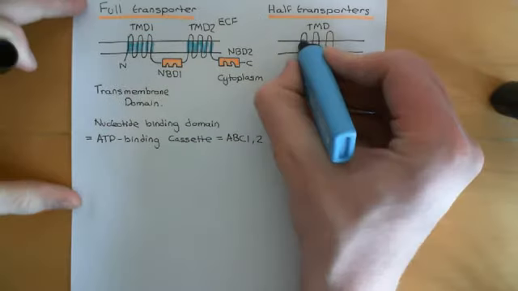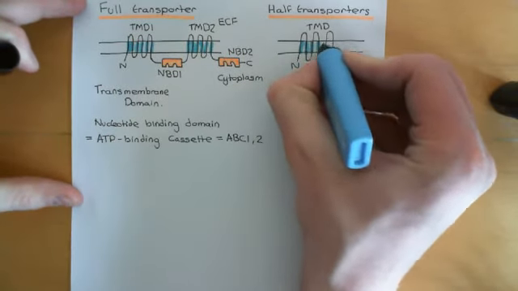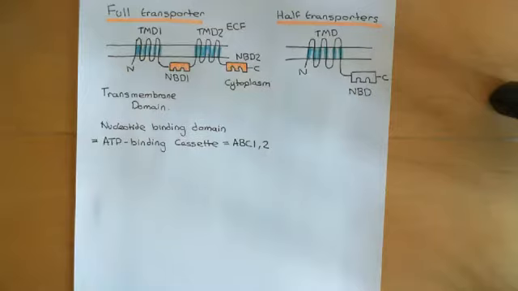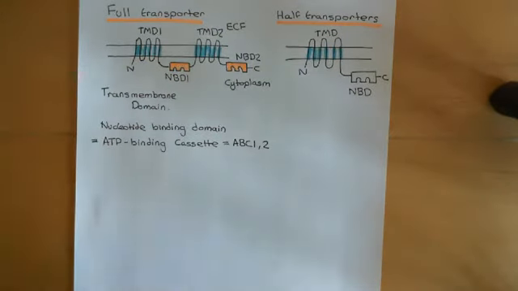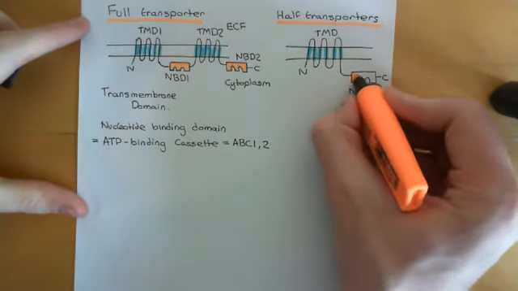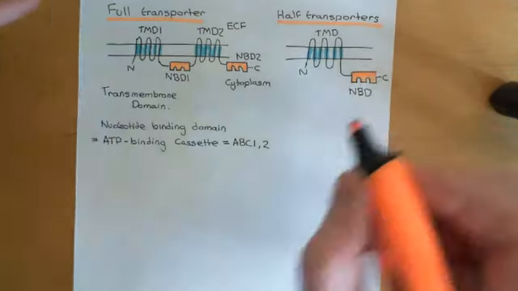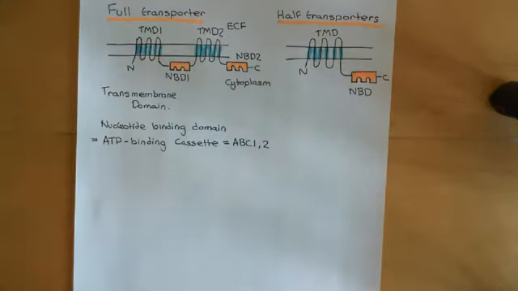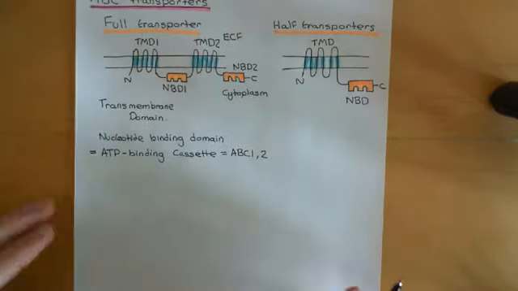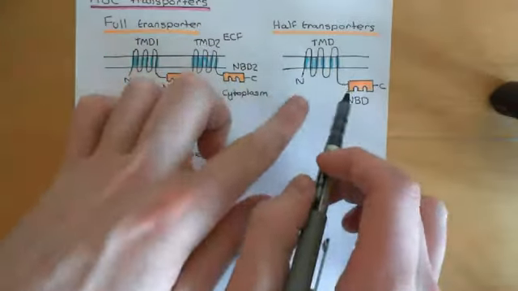Okay, so we'll colour code it in again. Here is the cluster of 6 membrane spanning alpha helices in blue, and here in orange is our nucleotide binding domain with those two binding sites for ATP. So within the massive great family of ABC transporters, some of them look like this, some of them look like this.